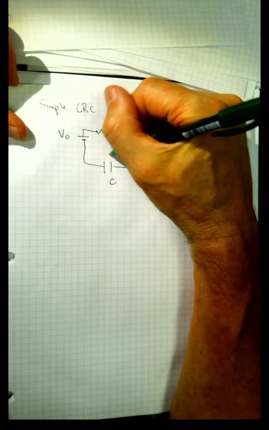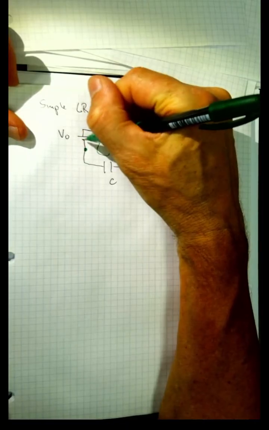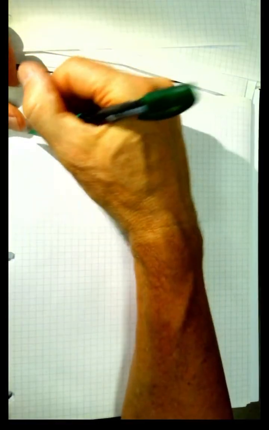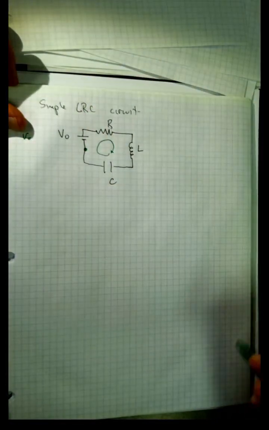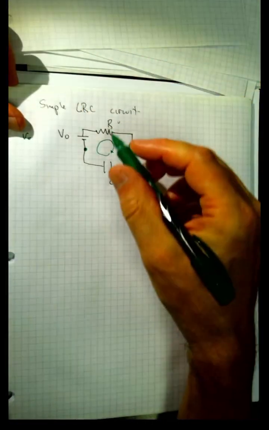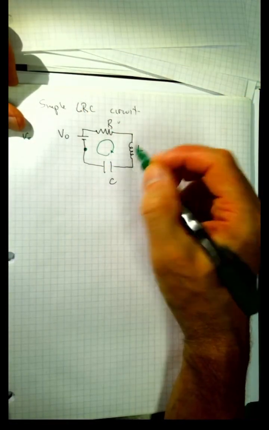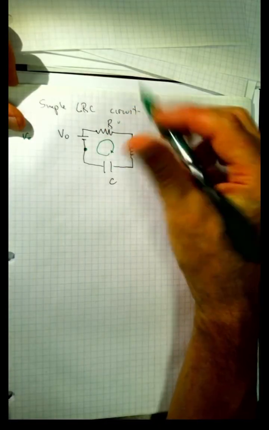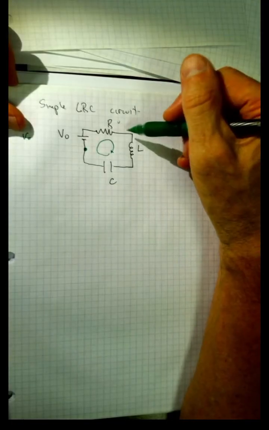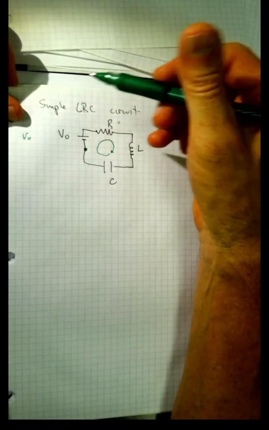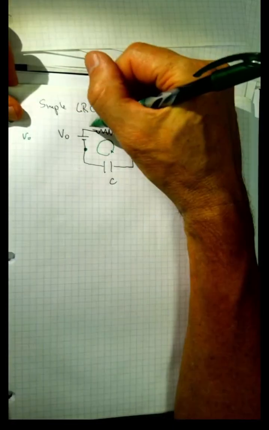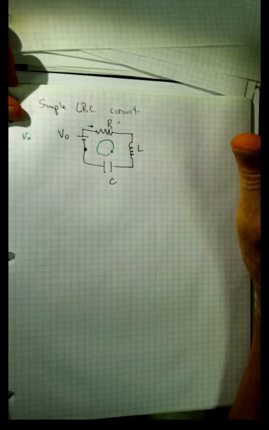And if I have one loop, if I start here and walk around, the change in voltage here is going to be V naught. The change in voltage here is going to, as it goes across the resistance, by the way, I'm just assuming a direction for the current. If I get this direction wrong, and I go through and work everything out, it'll give me a negative result. And I just have to interpret that as meaning the direction of the current is opposite to the direction I assumed. So just pick a direction.